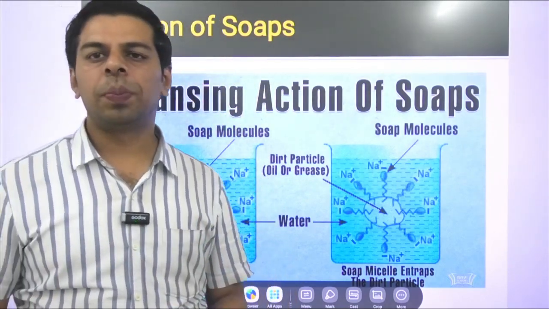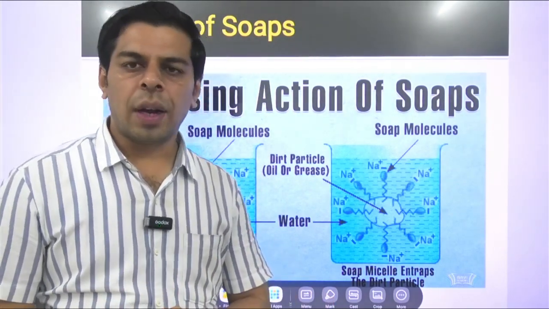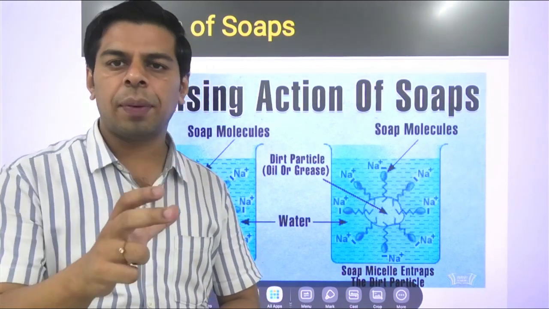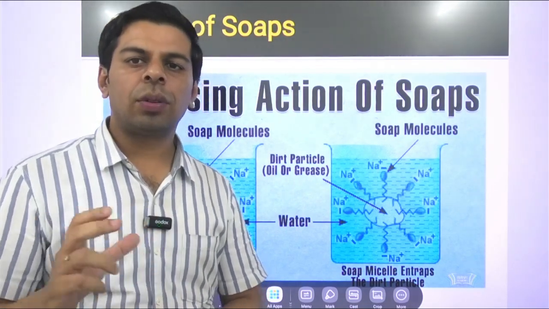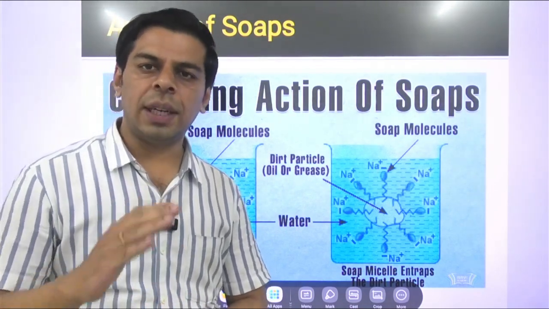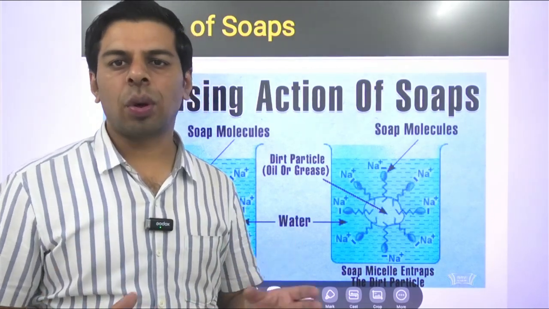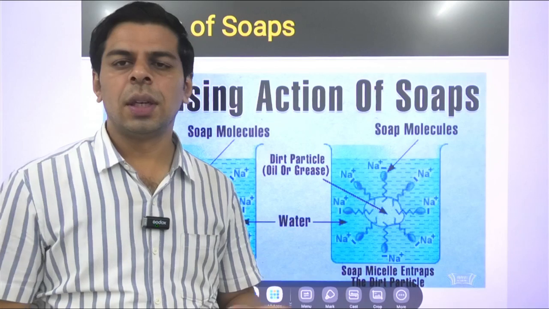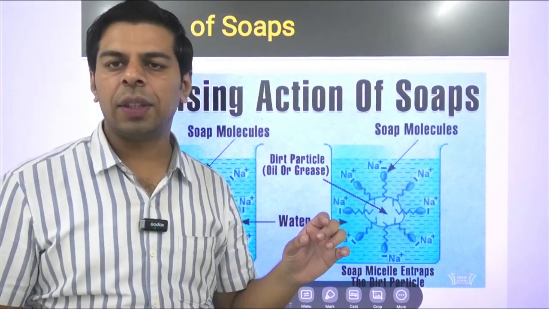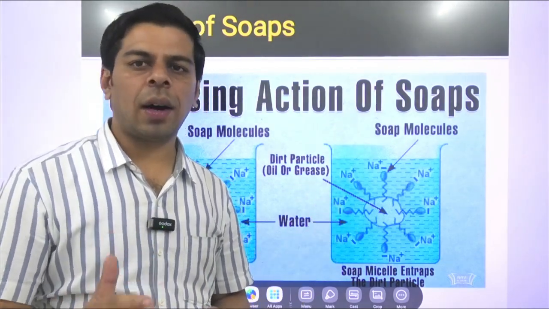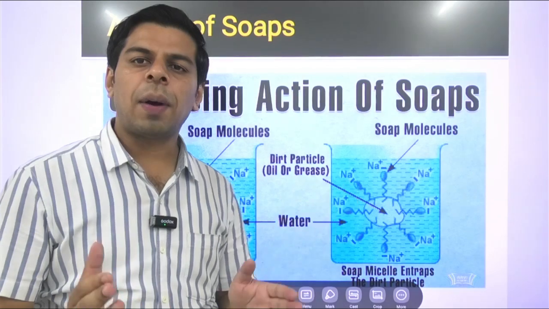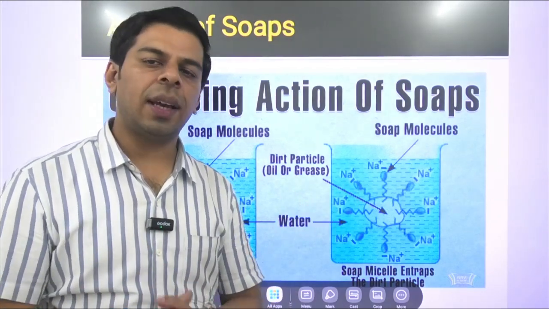How do soaps act? You have to understand that when these soaps were prepared by saponification, it was not some random reaction, it was an intentional preparation in which we tried to join two specific parts: the sodium or potassium part, which represents the ionic part of the soap, and a long fatty acid chain.